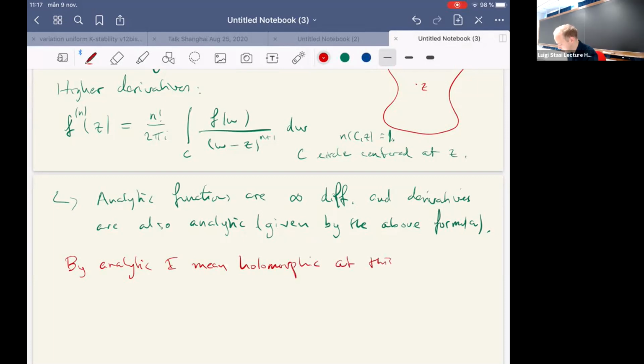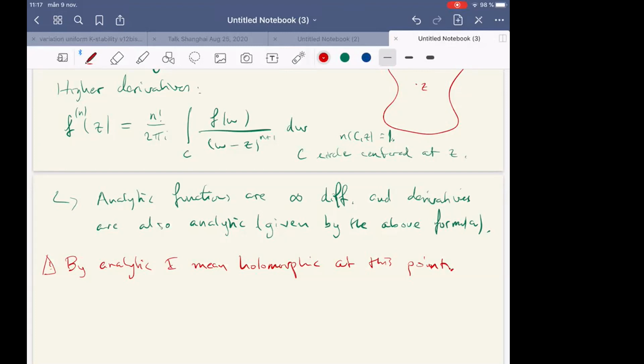Yeah. Okay. So you're right. By analytic so far, I should have been careful about that. In my mind, they are always synonymous, of course. But I never really introduced in this course what analytic should mean unless it means holomorphic. So whenever I said analytic or holomorphic until now in this course, I meant holomorphic.